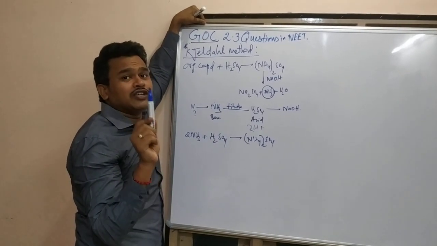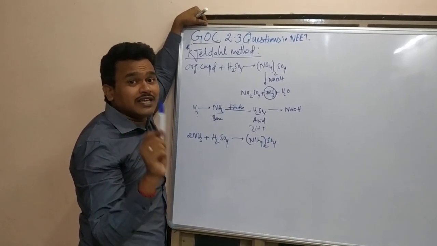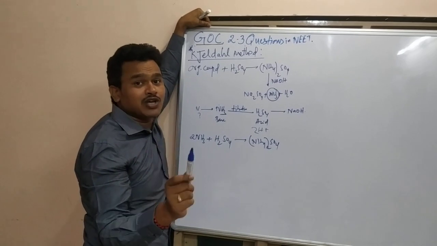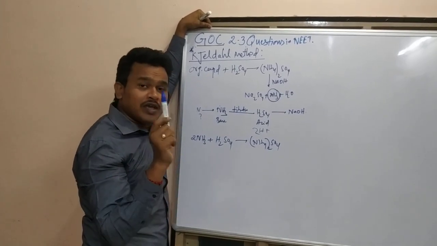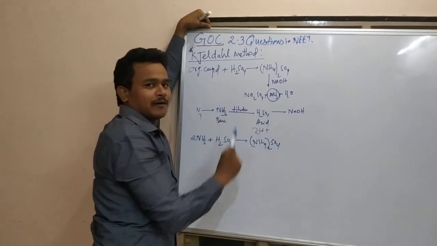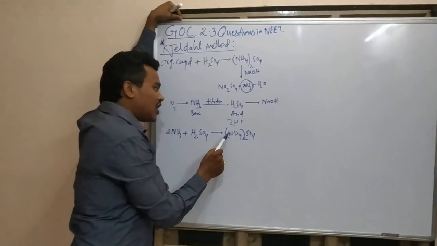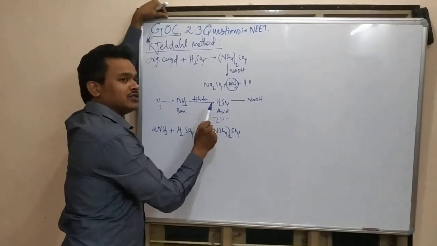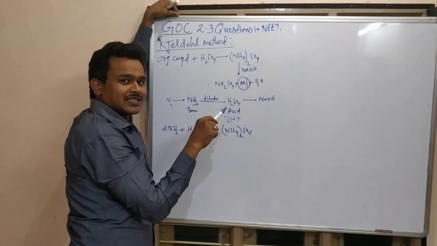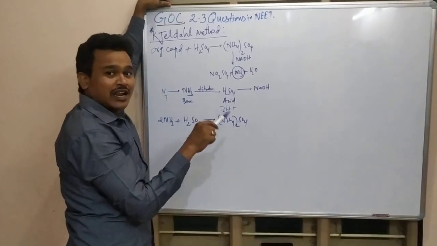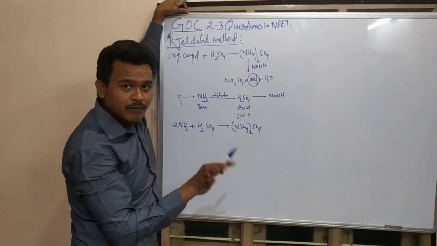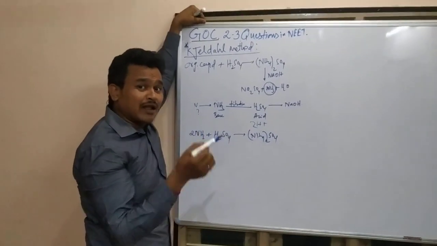The amount of H2SO4 used in this titration depends on the amount of ammonia released in the reaction. How much H2SO4 was used from that excess? Some amount was used, and the remaining amount will still be there, so I also have to calculate the remaining amount.